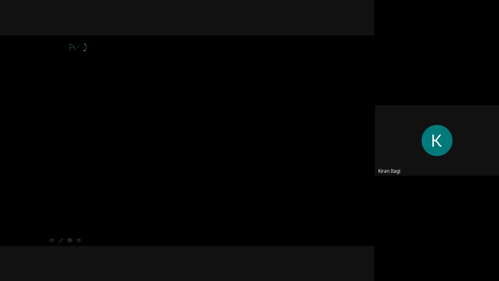Area of the state is 22550. Number of towns, take it as 15.